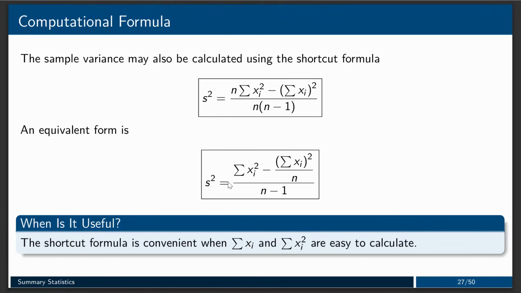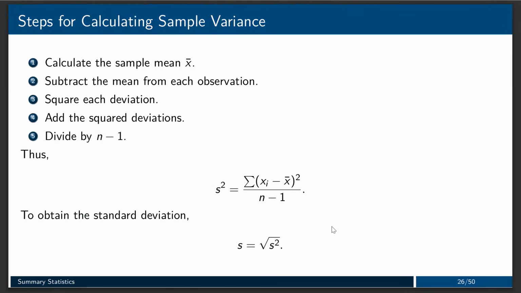Or s squared equals the summation of xi squared minus (the summation of xi) squared over n, all over n minus 1. They are the same. Whether you use this or this, you have the same answer. The shortcut formula is convenient mostly when the summation of xi and the summation of xi squared are easy to calculate.